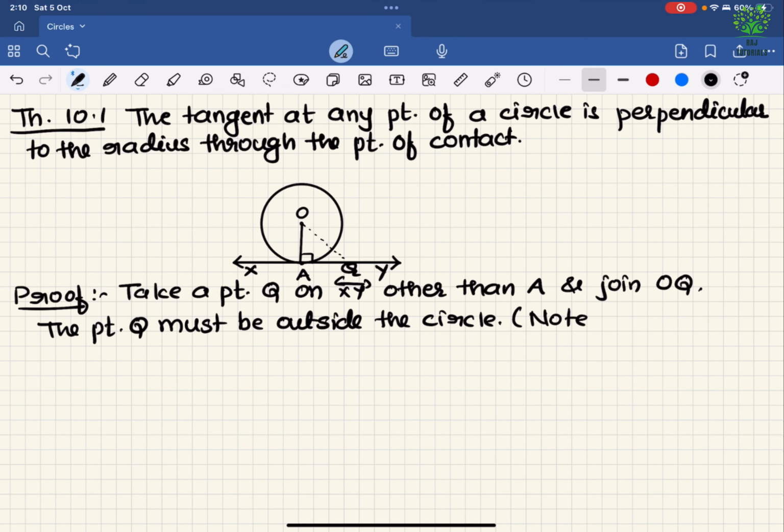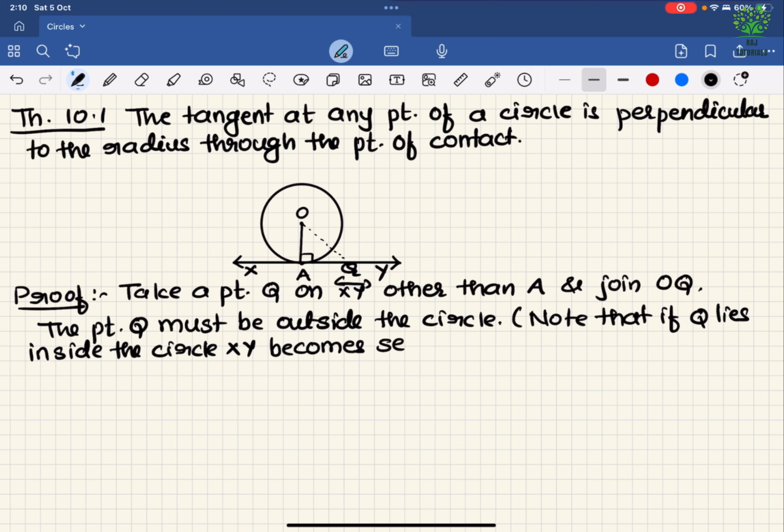Here, note that if Q lies inside the circle, XY becomes a secant to the circle, because then it will touch the circle at 2 points, so it will be a secant and not a tangent to the circle.